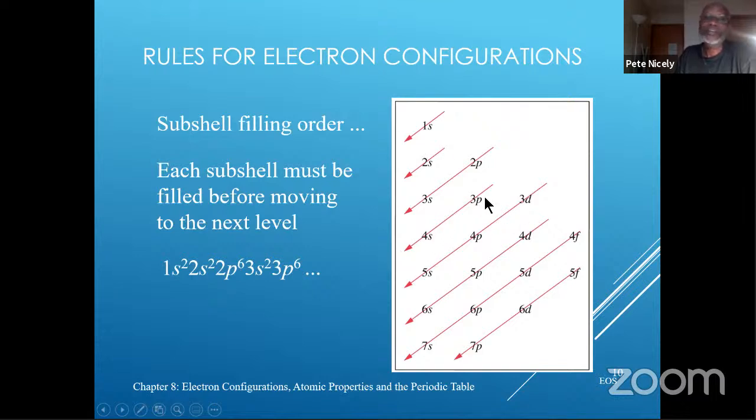And you'll notice that when you get to the 3p sublevel, you'll find that the 4s sublevel is higher in energy compared to the 3p sublevel, all right? And then after the 4s sublevel, you have the 3d sublevel, right? So it turns out that the 3d sublevel is higher in energy compared to the 4s sublevel.